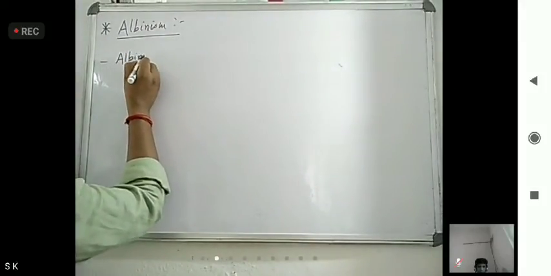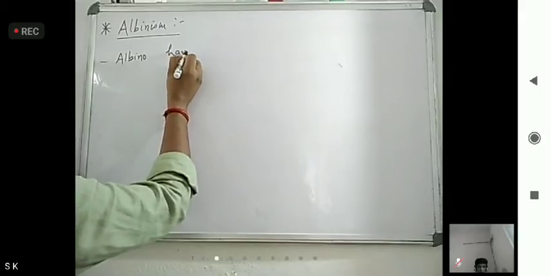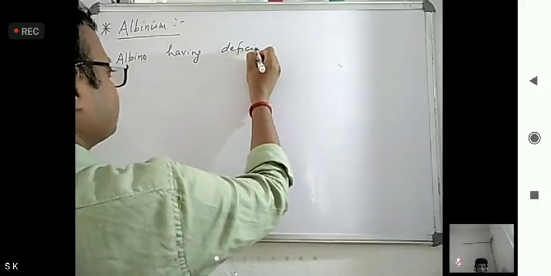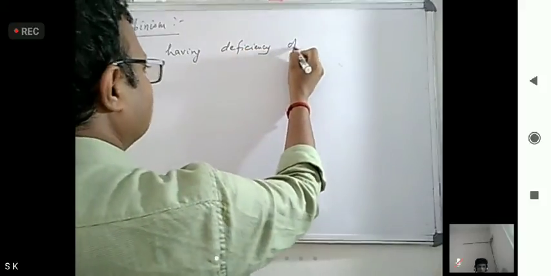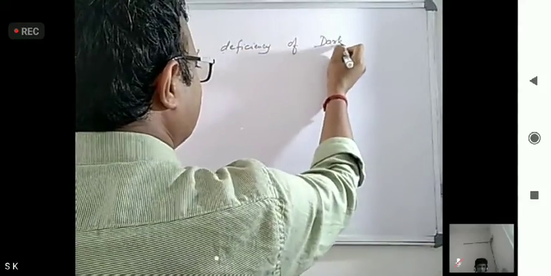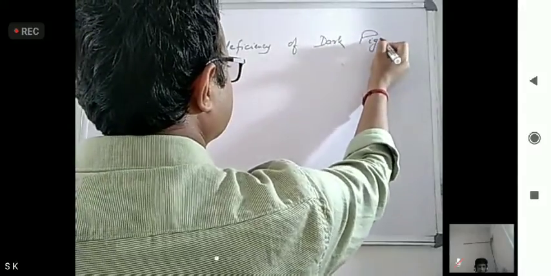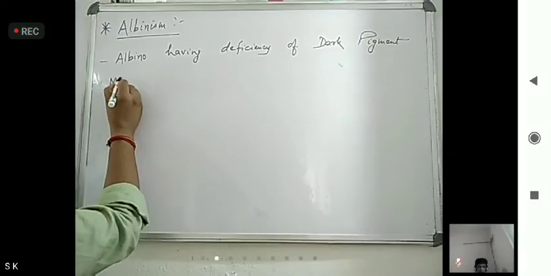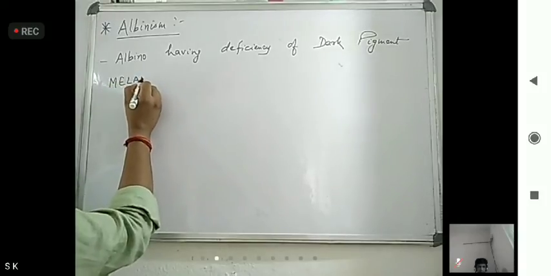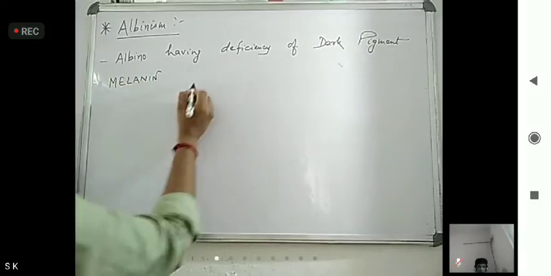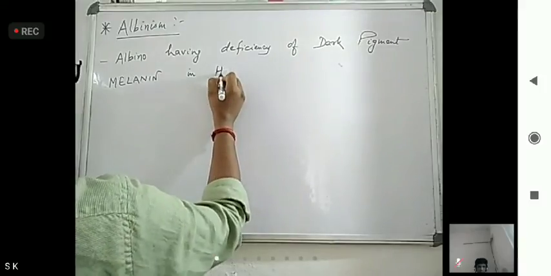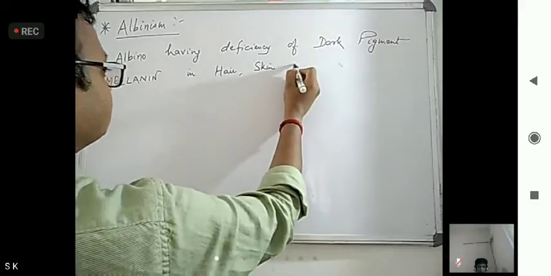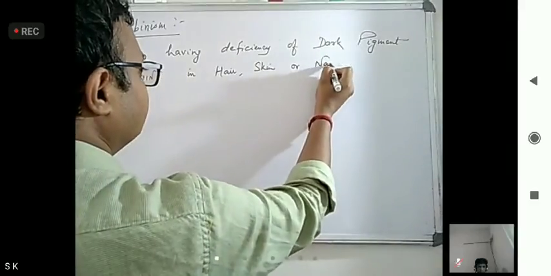Albinos have a deficiency of the dark pigment melanin in hair, skin, or nail.